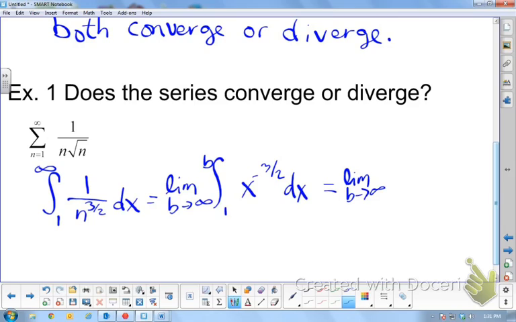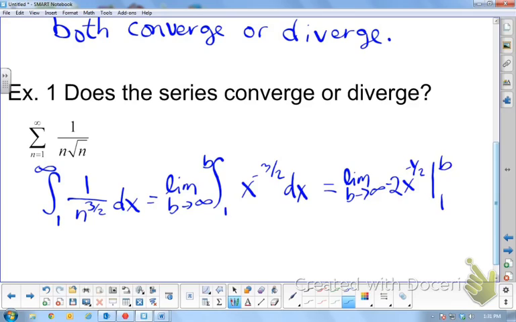Add 1 first. When we differentiate, we put it out front, then minus 1. When we integrate, we add 1, then put it out front. So now, negative 2.